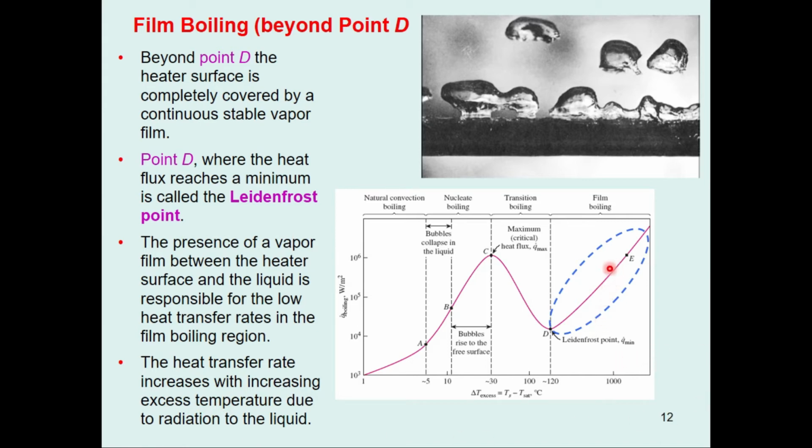Because, for example, delta T excess is increasing, and this Q should be decreasing because of the formation of the vapor film on the heating surface. But after the point D, it will increase because the radiation effects start incorporating their impact, that the radiation heat transfer will take place from the heating surface through the vapor film, and then this radiation heat transfer will increase the heat flux of the boiling.